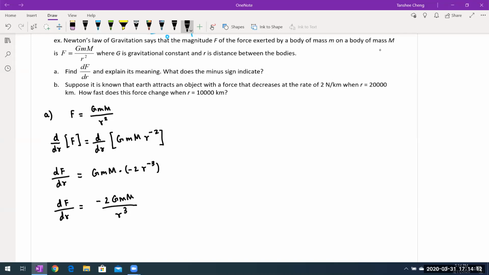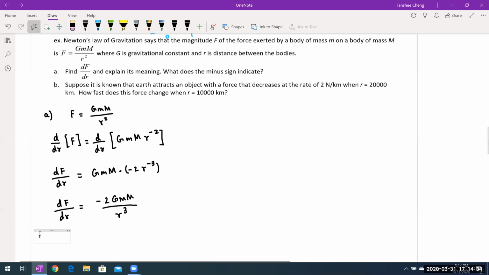So when we talk about the derivative of this force function with respect to the distance r, this is basically what it means. The minus sign indicates that the force is going to be decreasing.